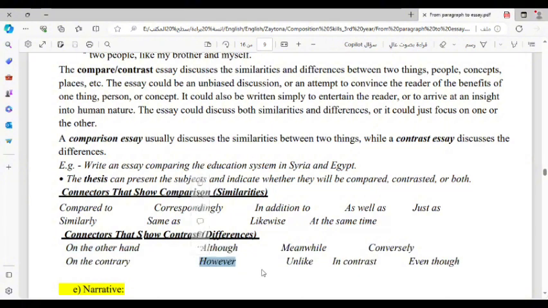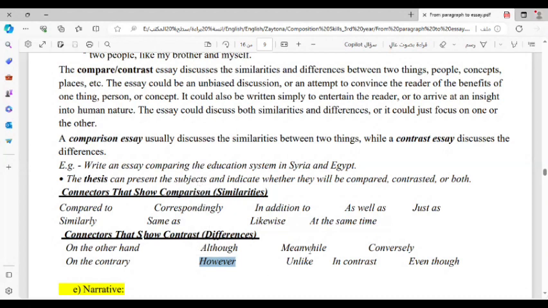We can say, "I prefer watching historical movies. However, my husband prefers watching horror movies."